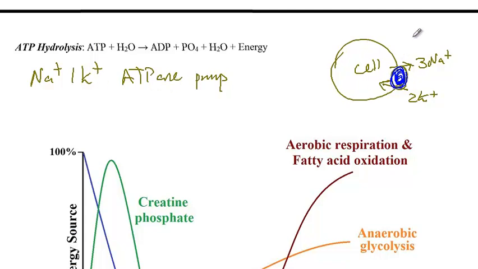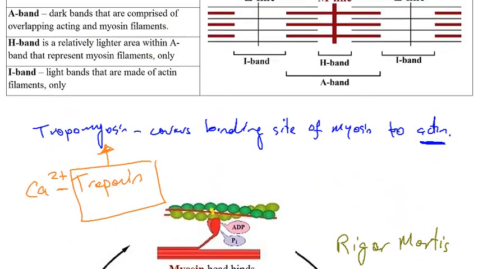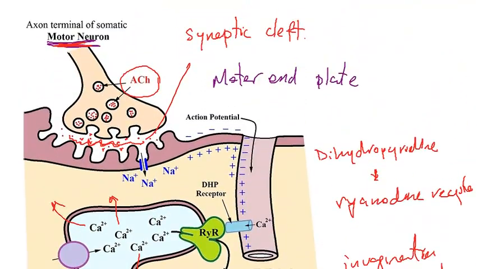So what happens now is that the outside environment has more positive charges than inside, as a consequence of which the cell membrane will have a negative potential, and that's actually the basis of initiating a depolarization wave, because normally outside is more plus and inside is more negative. Once Na+ starts to enter, then that's the time that we have more plus inside, and that's where the depolarization wave will go through.